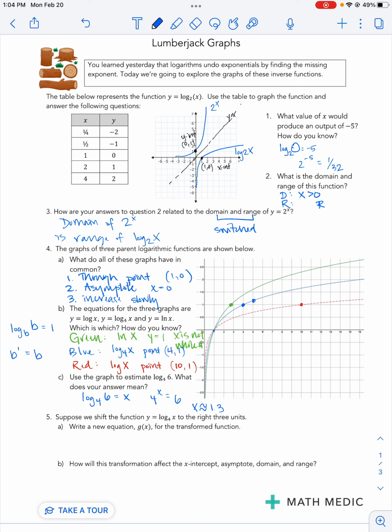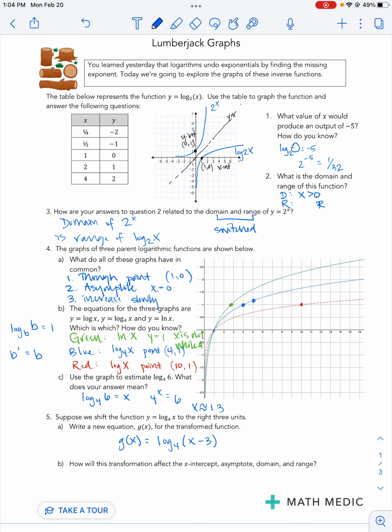All right, now let's talk about transformations. If I were to take this blue graph and shift it to the right 3 units, my new equation would be g of x equals log base 4. Now any transformation that happens left or right is attached to x inside the parentheses, and if it's moving to the right, I'm going to see subtraction. So it's going to be log base 4 of (x minus 3).